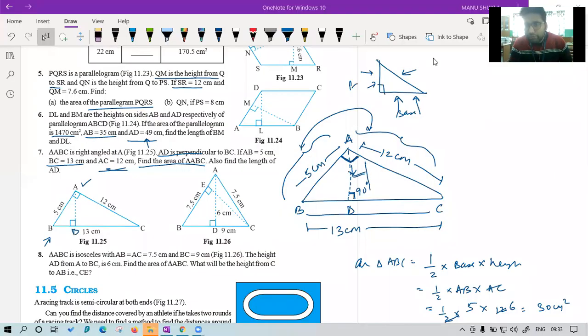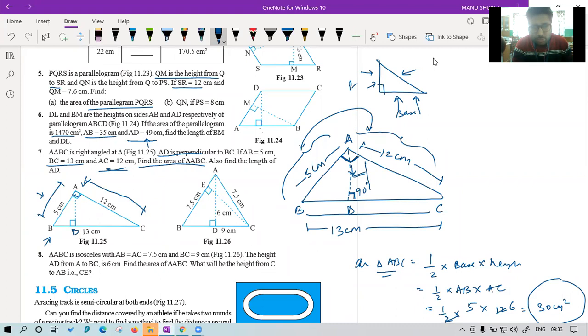Okay, so we have found the area of triangle ABC as how much? Please confirm. We have found the area of triangle ABC by taking AB as base and AC as height. I've repeated this question to you because this is perpendicular.